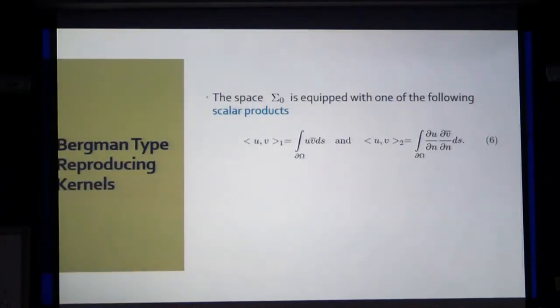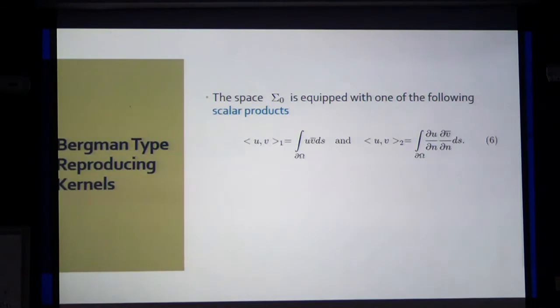So, for the space sigma 0, I will equip it with one of the following scalar products. The first scalar product, which I will denote with subindex 1, is defined this way, where the bar stands for complex conjugation. The second scalar product, which I will denote with subindex 2, is based on normal derivatives of these functions u and v, and here also the bar stands for complex conjugation.